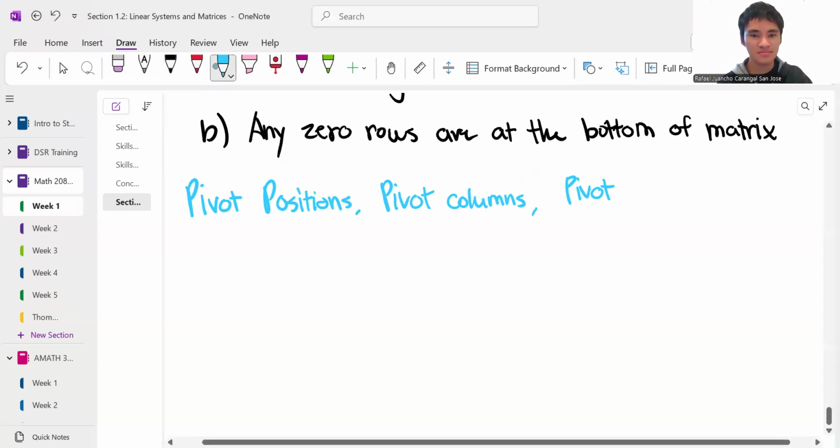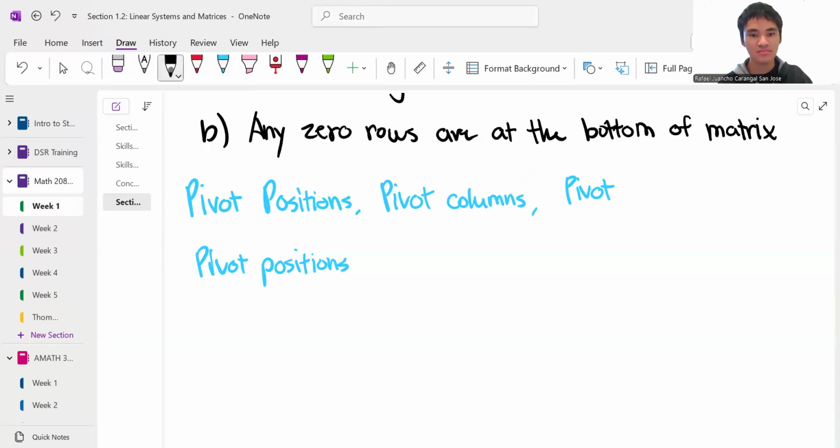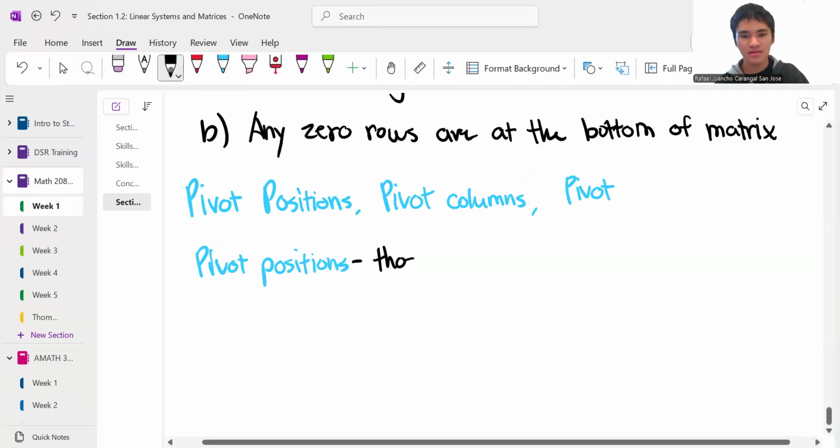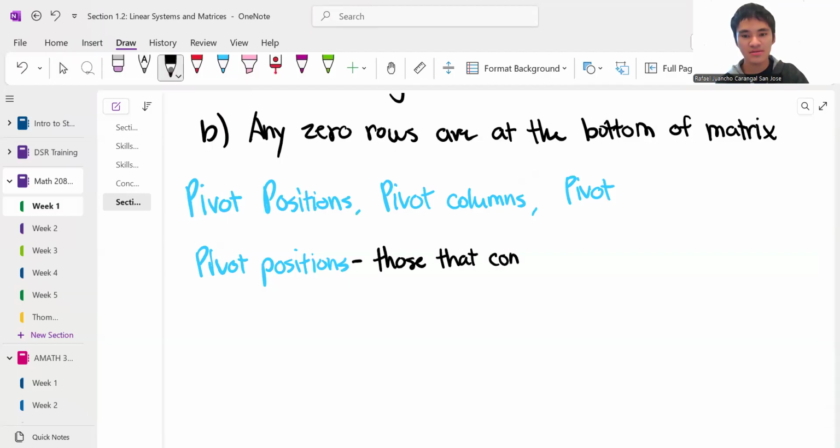Basically, pivot positions are those that contain a leading term in the matrix.